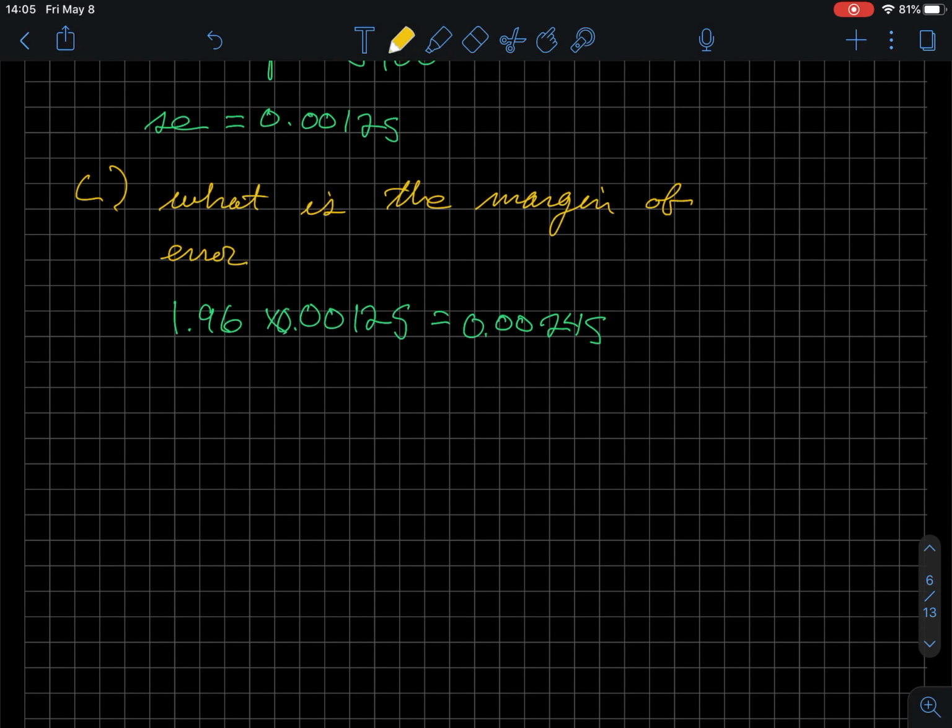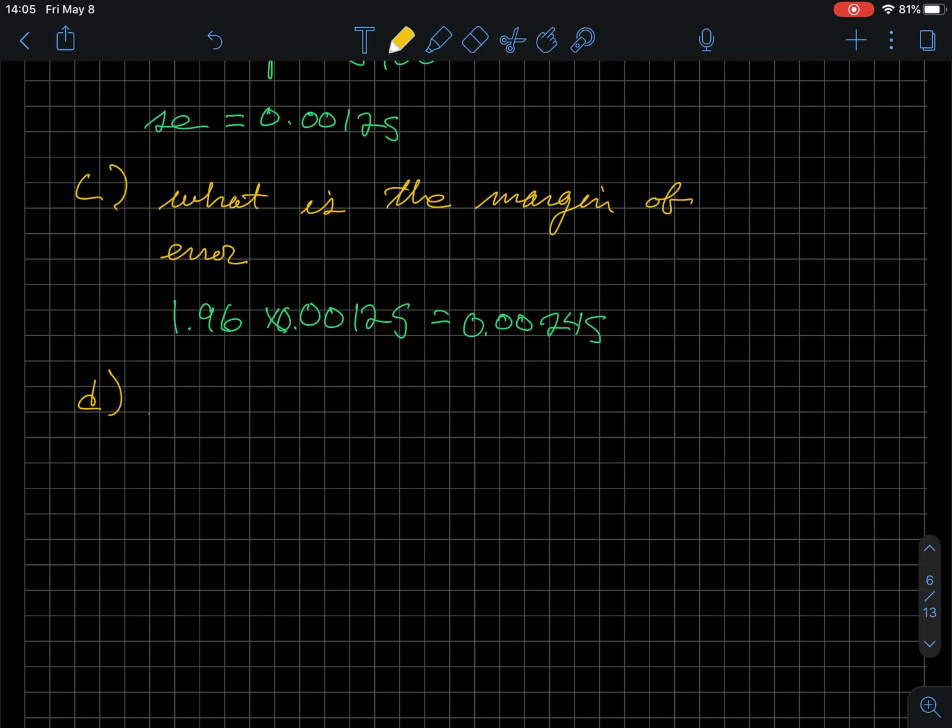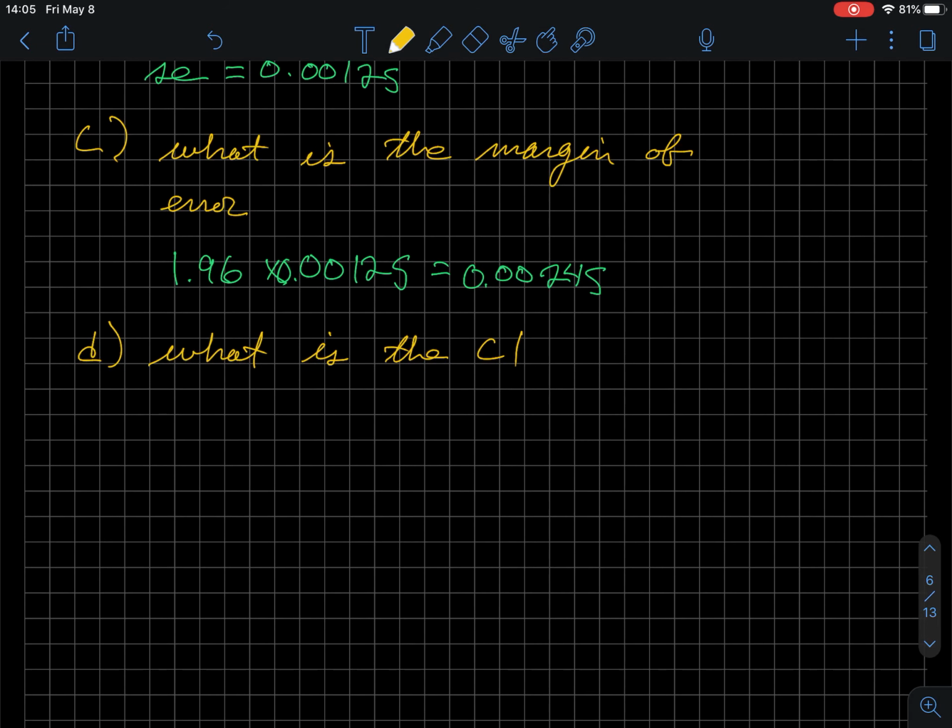Part D is asking what is the confidence interval, the CI. Basically, we're saying it would include all proportions within one margin of error of 0.00615. So 0.00615 minus 0.00245 equals 0.0037.